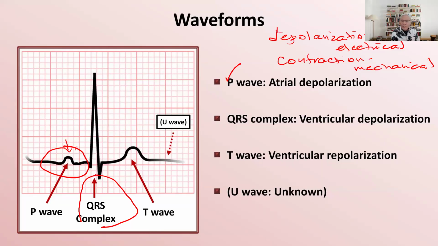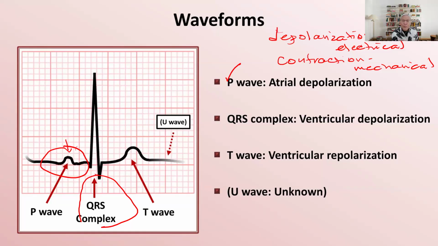Now, the relaxation phase of the ventricles. So when the ventricles contract, they must now open up to fill again with blood. And this process is going to be slow. So you see the last waveform is something that is slower. It occupies a greater geography in the electrocardiogram.